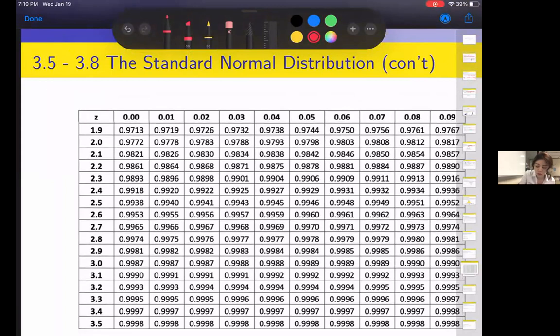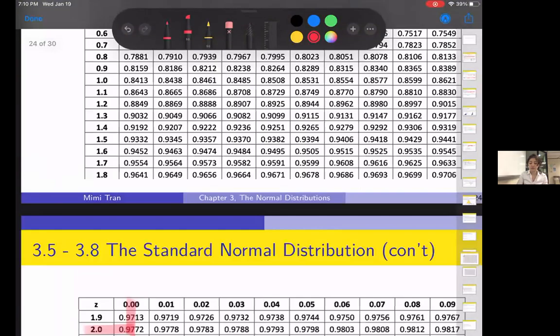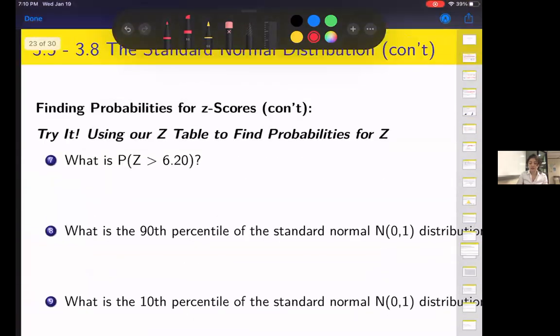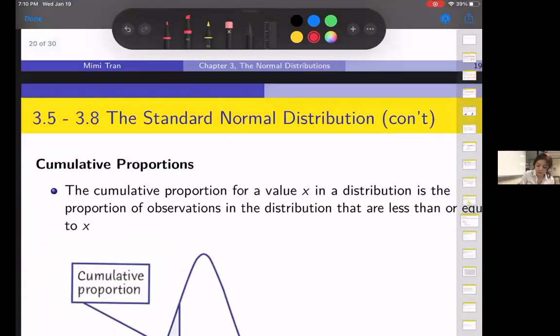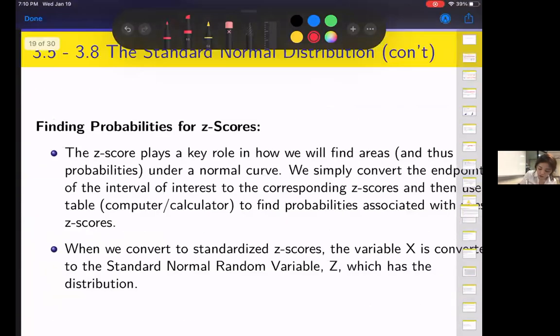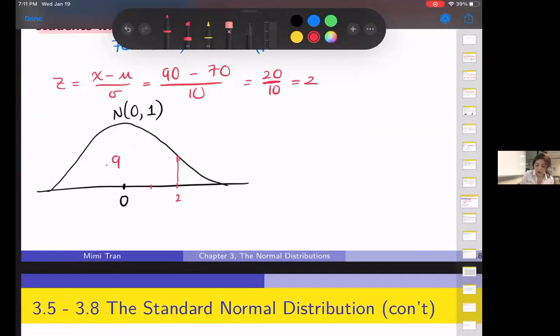So 2.00 is right here. 0.9772, right? 0.9772. When you look it up, what it does is calculate all the area from the left all the way up to 2, the area under the curve.